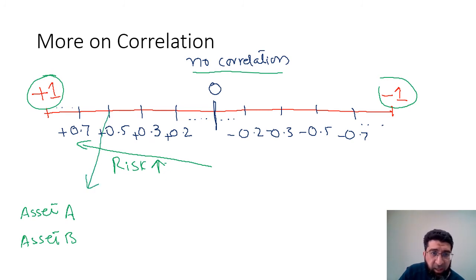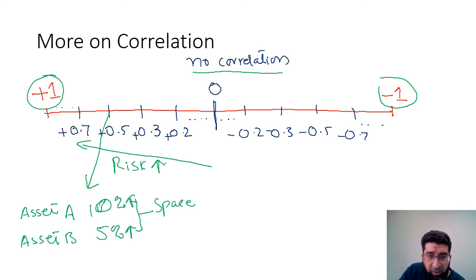At 0.5, what happens? Let's say asset A increases by 10%. Then asset B is supposed to increase by only 5%. Now this difference in increase gives us a space, and that's what we call diversification benefit.